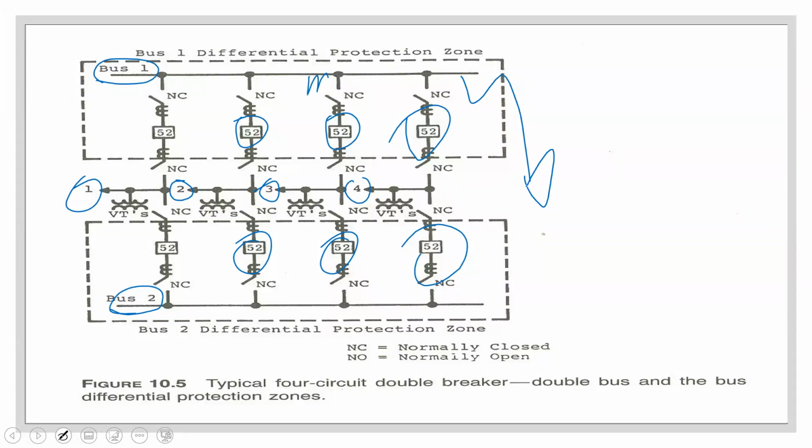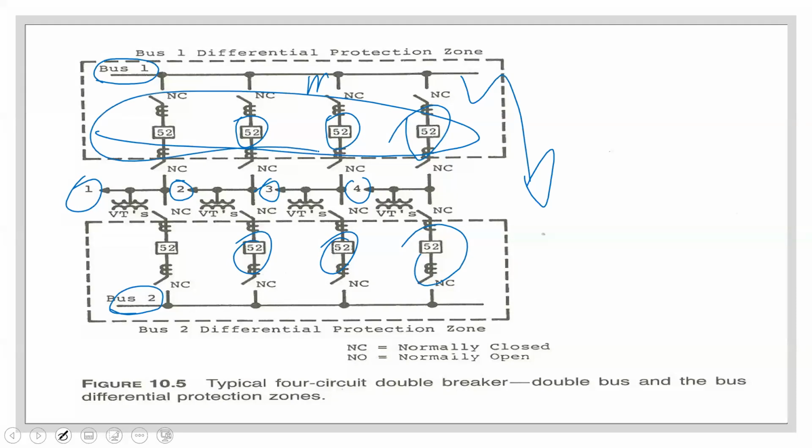So in the event I have a fault on this bus bar, and based on your lab, you know that the more severe fault occurs the closer you get to the bus bar. Let me rephrase that. Your more severe fault occurs on the bus bar. As you go away from the bus bar, the severity of the fault decreases. So if you have that fault on the bus bar, it means that all of these would trip.